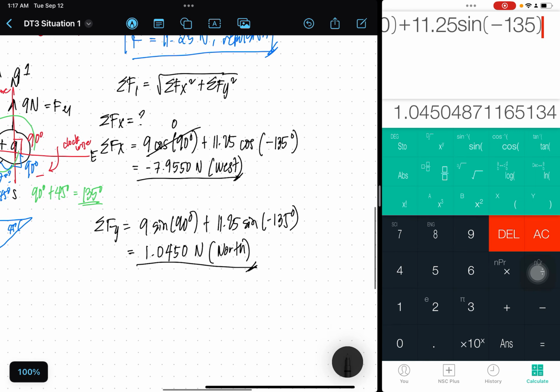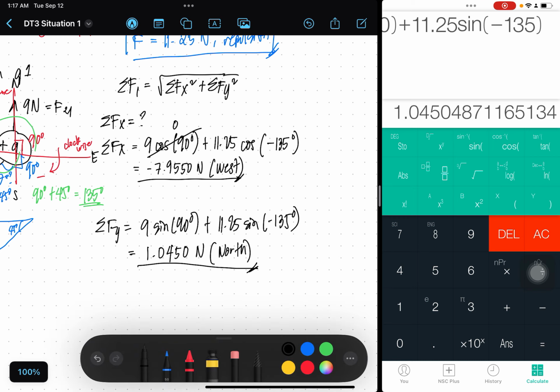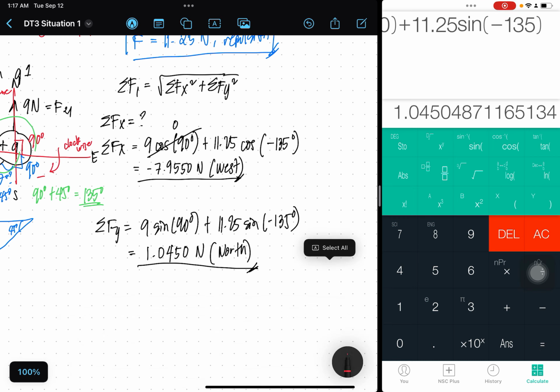So, using our summation forces formula, summation forces at 1 is equivalent to the square root of negative 7.9550 Newton squared plus 1.0450 Newton squared.